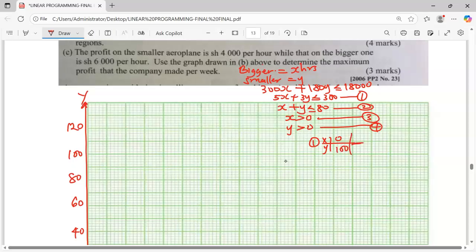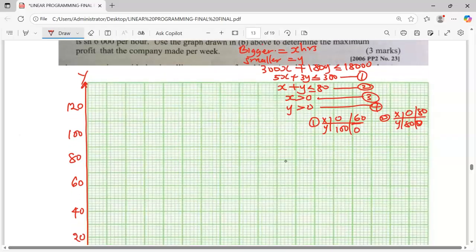And if I assume the value of Y is 0, then the value of X will be 60. Then for number 2, we have X plus Y is equal to 80. If we assume the value of X is 0, then Y is going to be 80, and if we assume Y is 0, then X is going to be 80, and that is the table for the two inequalities.